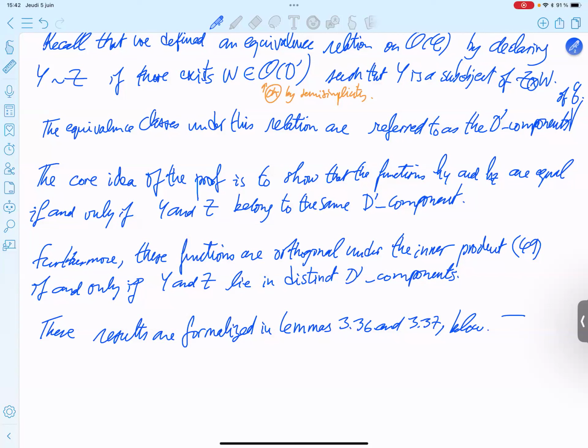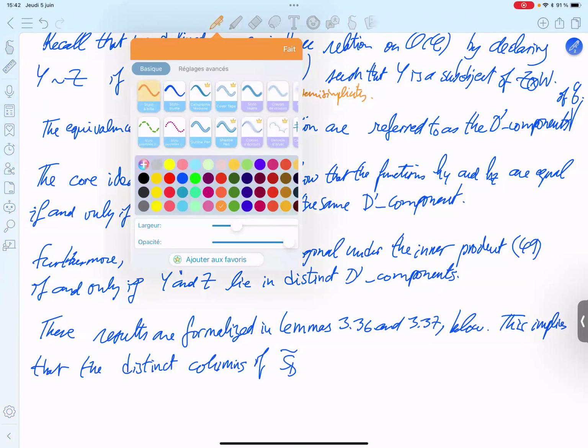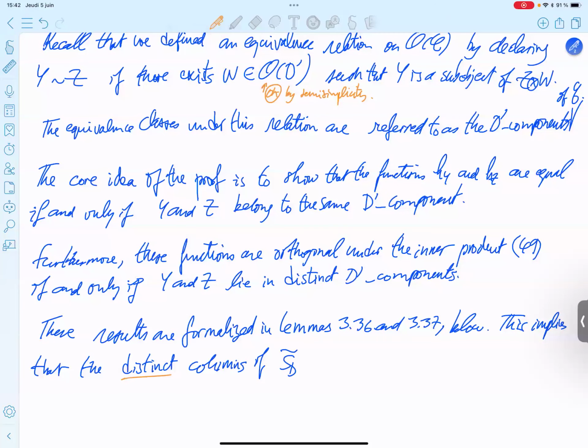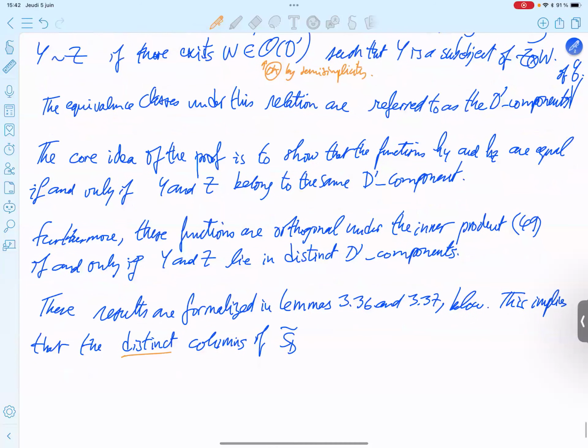This implies that the distinct columns, and here the word distinct is a little bit confusing because you can have two different columns.